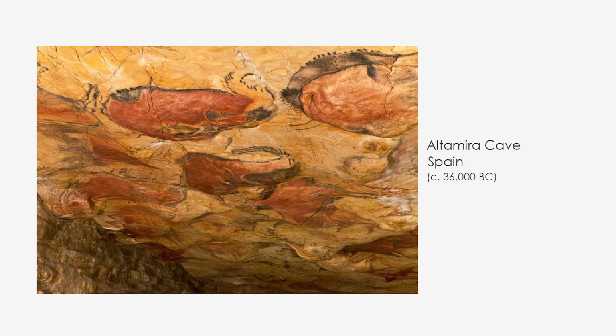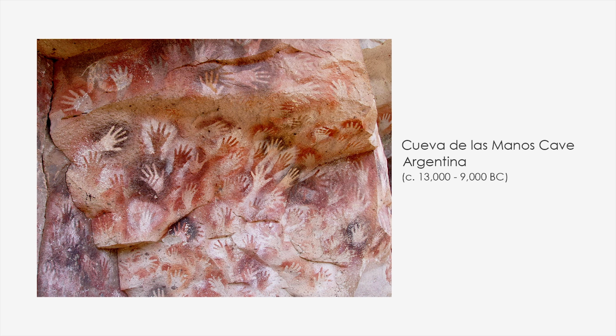Studying styles, pigments and techniques, researchers have discovered that the paintings were made by a wide range of skills and ages across many generations. And this is really fascinating, in particular if we consider that those populations were nomadic. And they were not using the caves like often we think, like homes, but actually they were just temporary shelters and places for rituals and ceremonies.